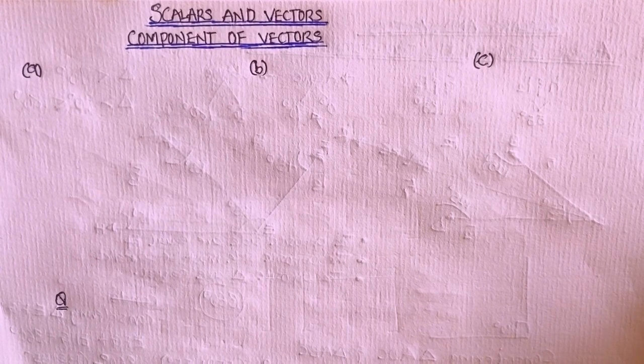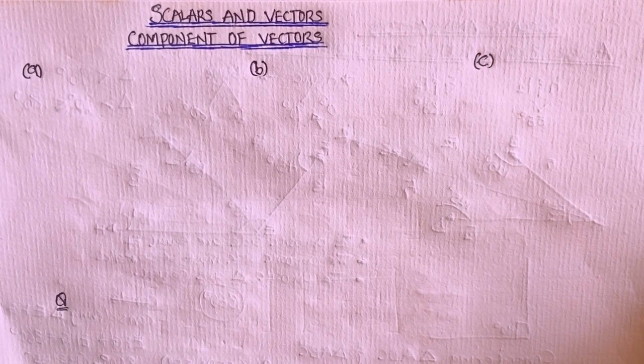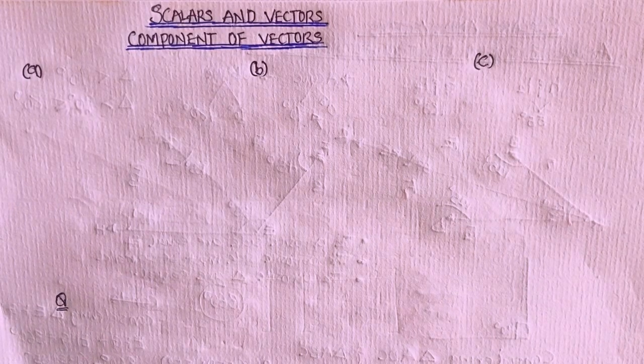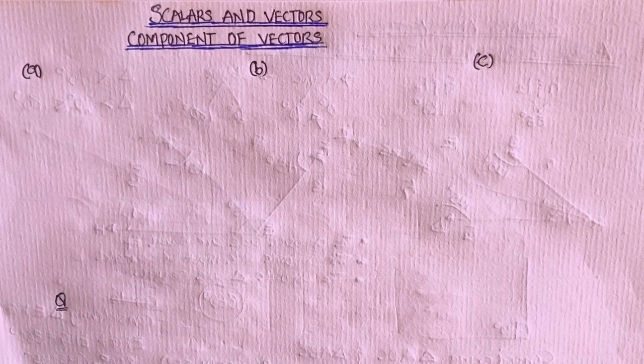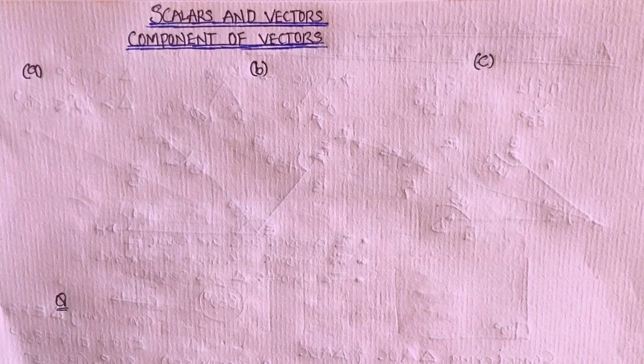But in this case, I'll be talking about components of vector. As far as components of vector is concerned, vectors are usually described in terms of their vector components, or in terms of their components, be it the horizontal component or the vertical component.